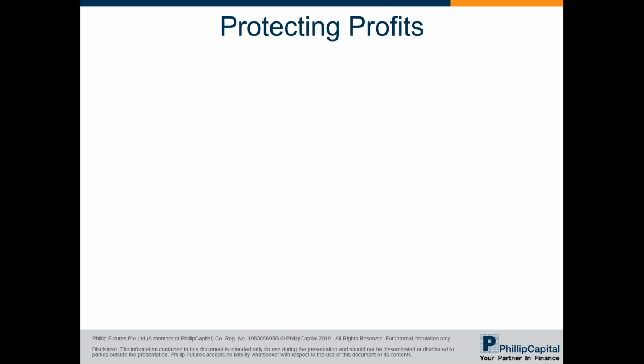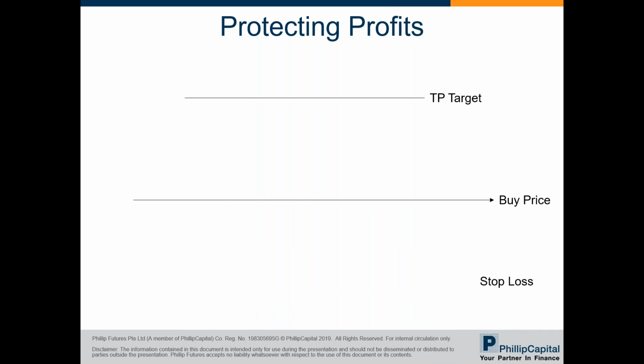So a simple strategy to avoid such things: let's say you entered at a buy price, you put your TP target and your stop loss, and you see the price going up. One way to minimize your loss and protect your profits is to move your stop loss up, either to break even or even slightly above your entry price.